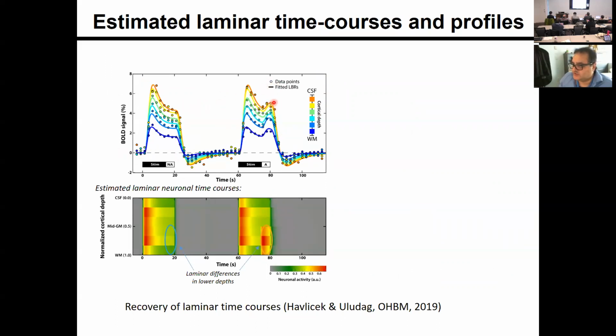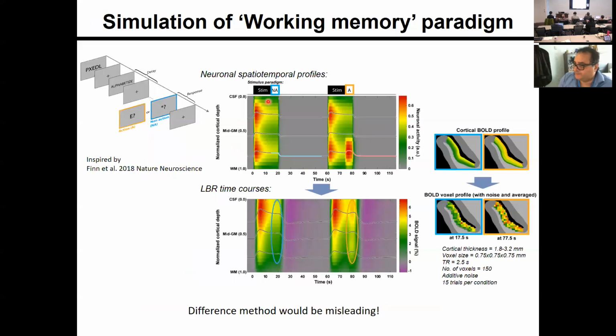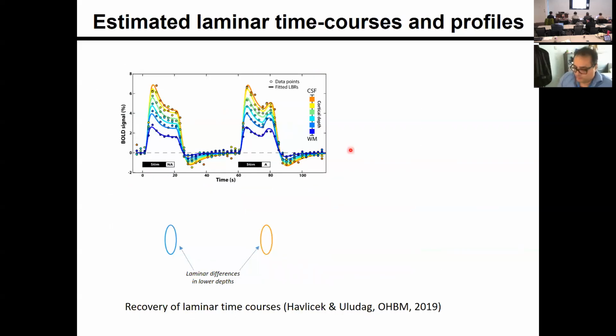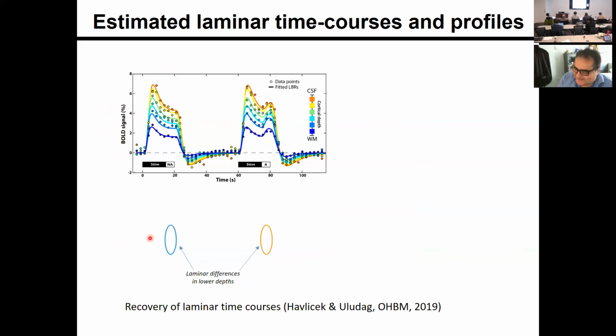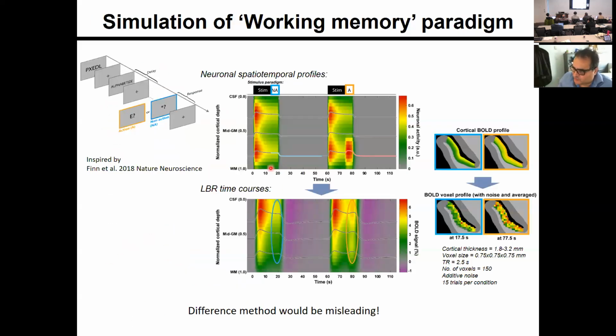And here you see the second peak based on this activation in the bottom layers, which however propagates to the upper layers. And if we then take this BOLD signal and invert, look at the neuronal part of the inversion, obviously our simulated voxel resolution is not as high as the original one, because we have many more distinctions.